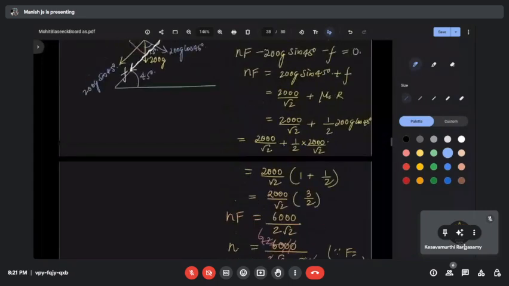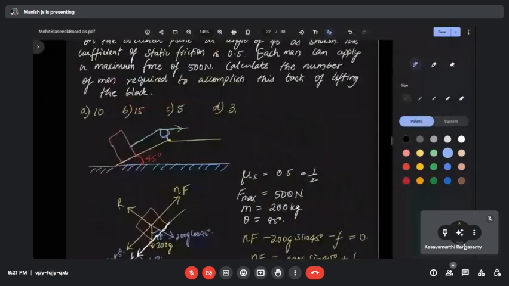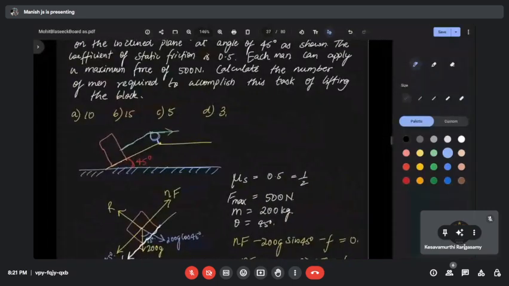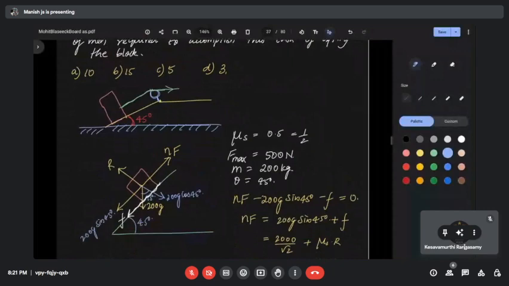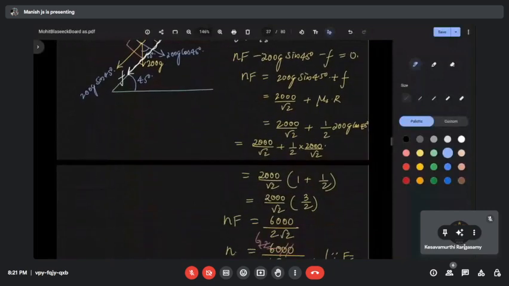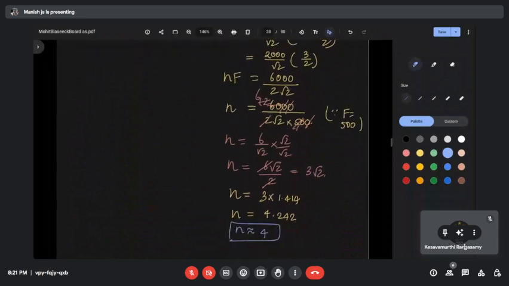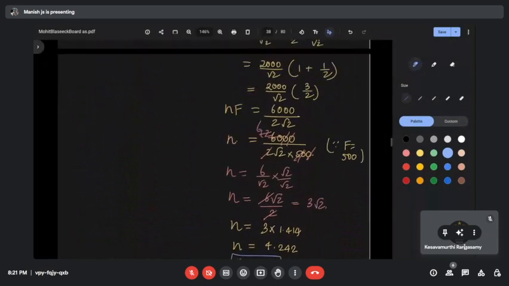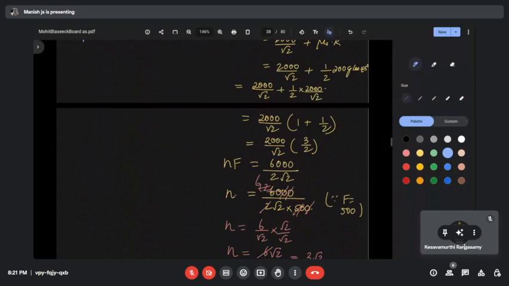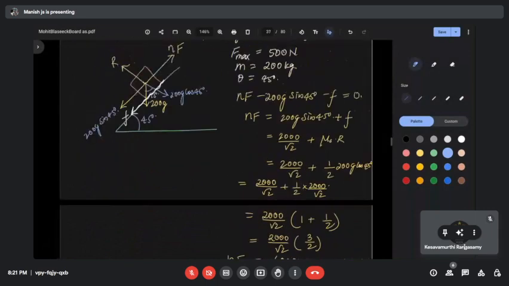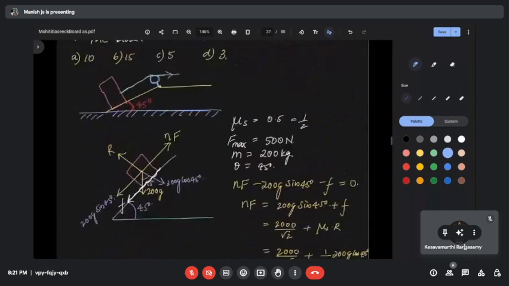So how many persons are required to accomplish this task of lifting the block? We got 4 point 2. If you had taken 9 points, you would have got a more approximate value. So we didn't take 9 points, so we just got a rough figure.